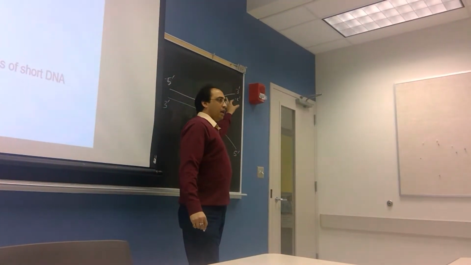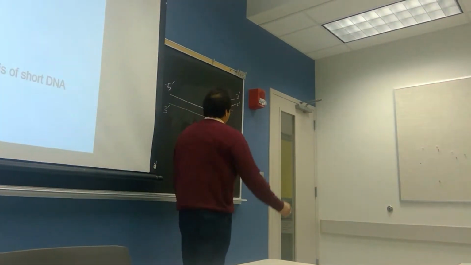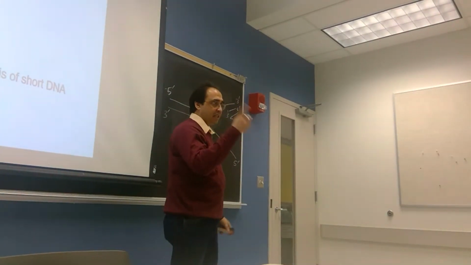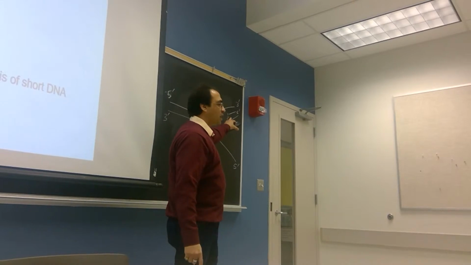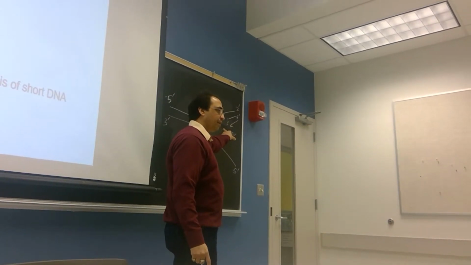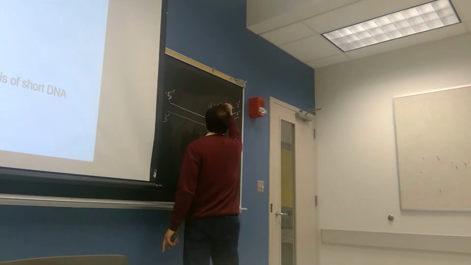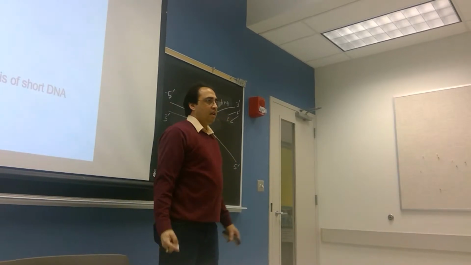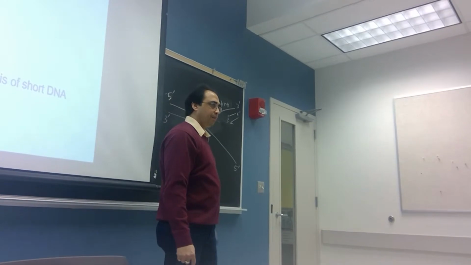Because in this part, the 3' OH group is always open. The direction of newly synthesized DNA is 5' to 3'. This one is called the leading strand. Direction of synthesis is 5' to 3'.